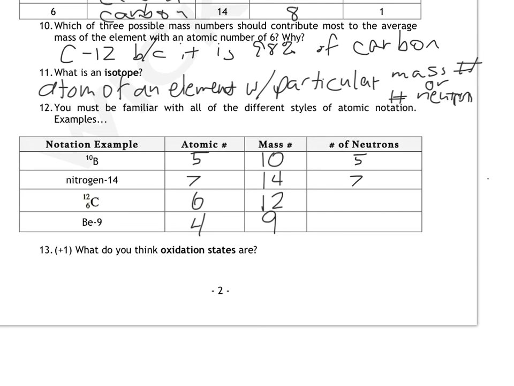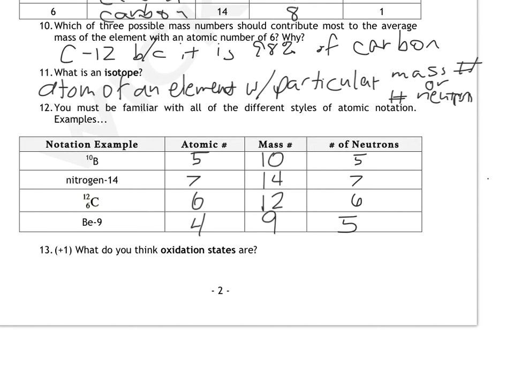For carbon 12, you can do 12 minus 6 is 6. And for beryllium 9, you can do 9 minus 4 is 5. So actually, both boron 10 and beryllium 9 happen to have the same number of neutrons. They both have 5 neutrons. And that's okay, by the way. They're allowed to have the same number of neutrons.